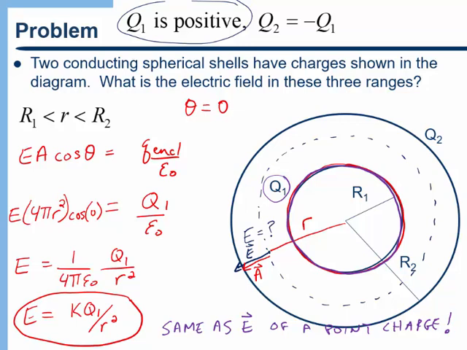The other thing you'll notice is the fact that there's charge out here does not affect the electric field anywhere in between the shells. So that makes sense because remember in the previous example we looked at what's the electric field inside the first shell and we said it was 0. So the electric field contributed by this outer shell is 0 inside it. And so the only thing that matters is the electric field created by this shell.